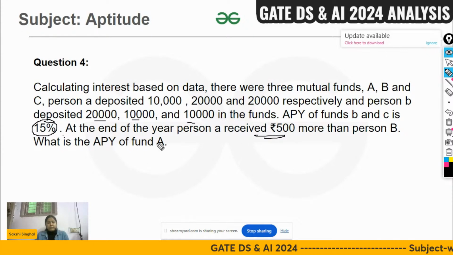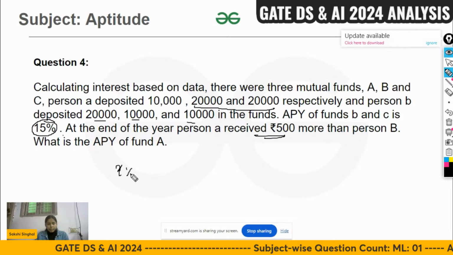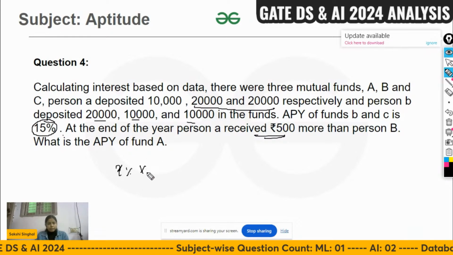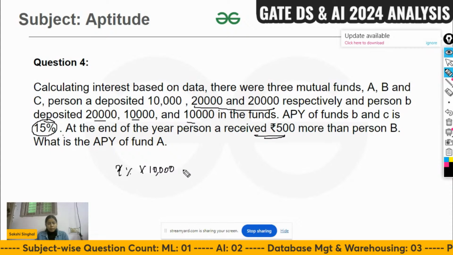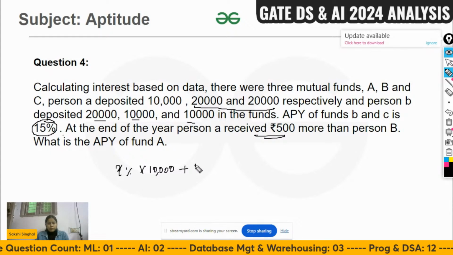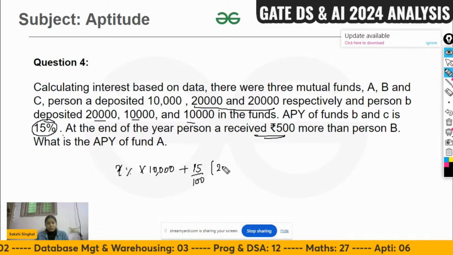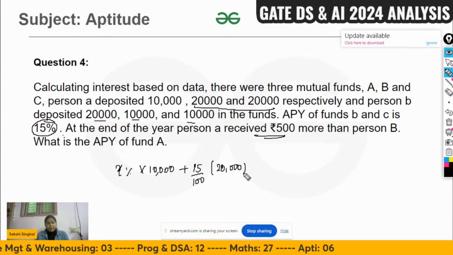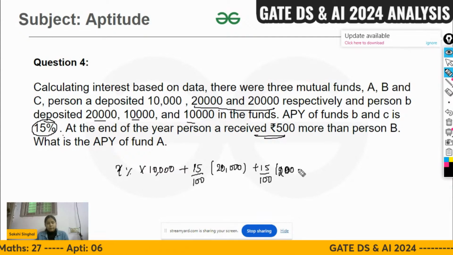So what would I do? Let's suppose that I am getting X percent on the 10,000 rupees which I have deposited in the first mutual fund, the A mutual fund. And then we have 15% on this 20,000 and 15% on this 20,000.